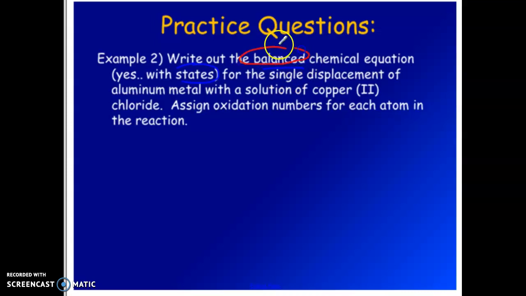In this case, this is just the regular method of balancing. So all of you at this point should be able to write out a single displacement reaction. What's new is once you've written out that balanced reaction, I want you to assign oxidation numbers for each type of element in every species. So for all the reactants and all the products.